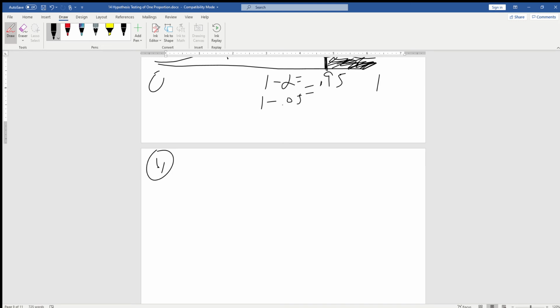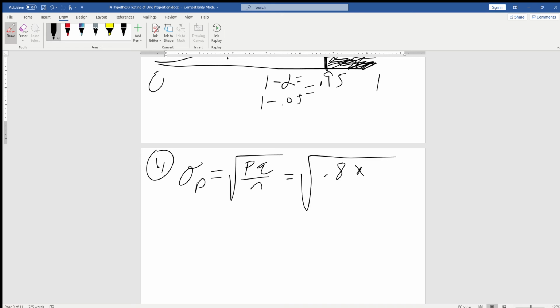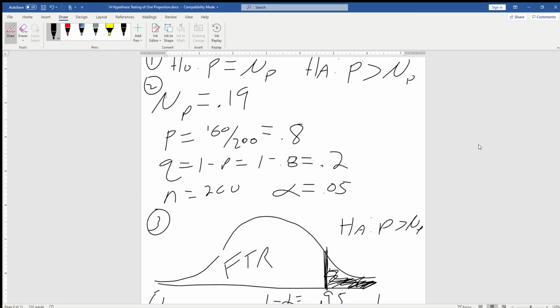Okay. So remember, to get the p-value, the first thing that we compute is sigma sub p, found by the formula square root of pq divided by n. Remember that p is 0.8, that q is 0.2, and that n is 200. And I got all those variables up top. So that's this right here, p, q, and n.